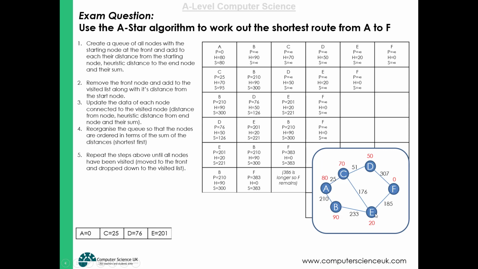And let's have a look to see how far we need to go to F. Well, to get from A to E via C, we've already worked that out as being 201. To then get to F, you can see that we would need to add 185.